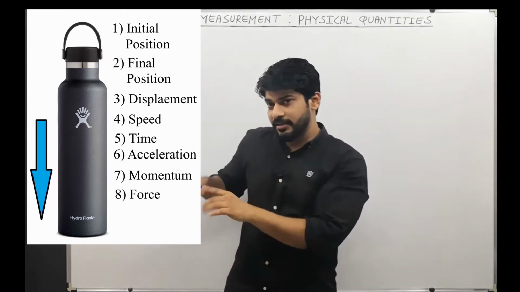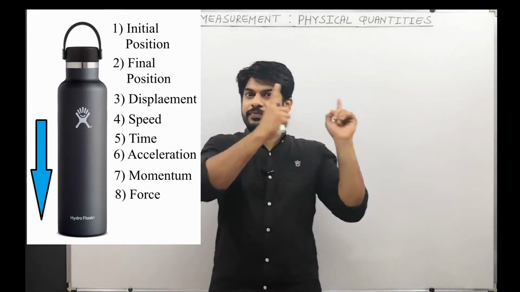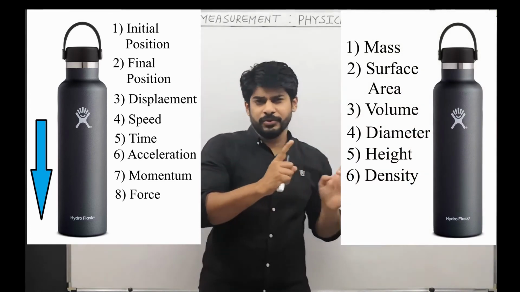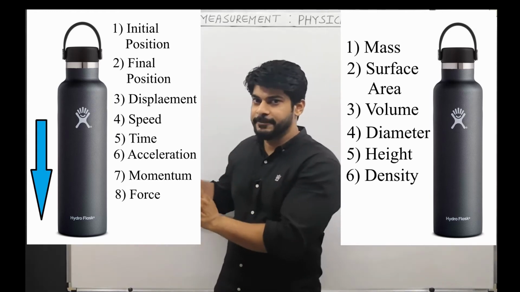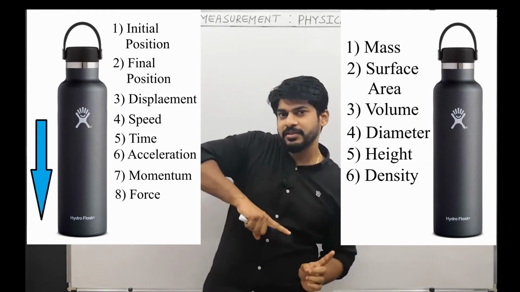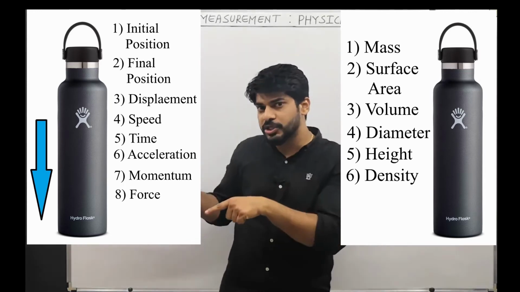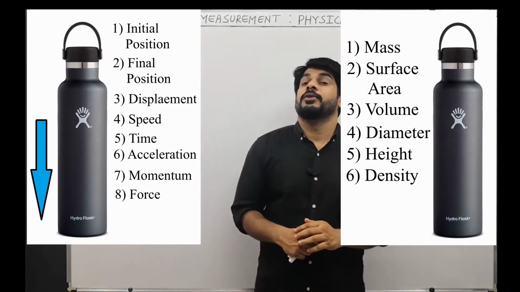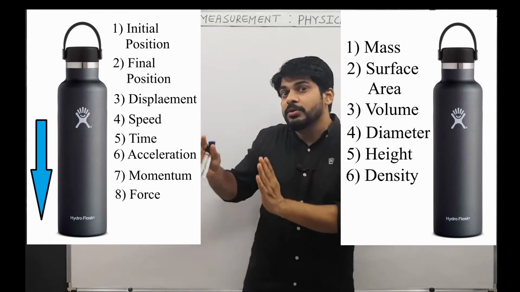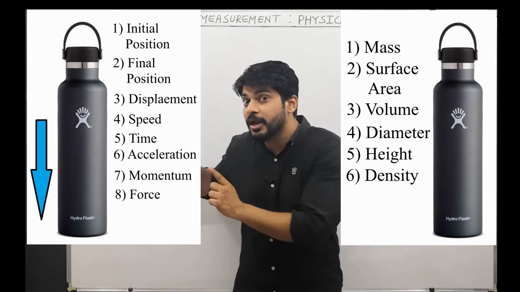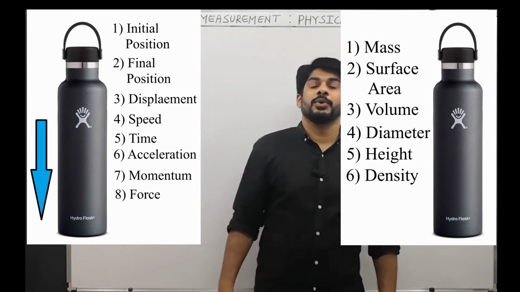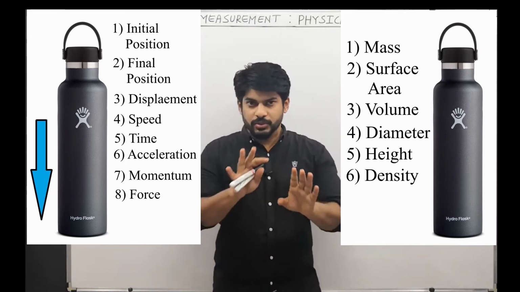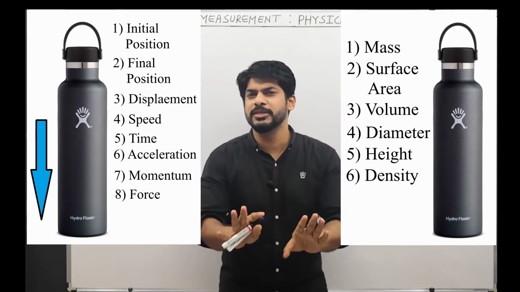At the same time I also require the previous properties that we needed. Don't worry, they will always be there. But when this stationary object turned into this event called the falling bottle event, you required more properties to describe it completely. So I think so far it is clear.